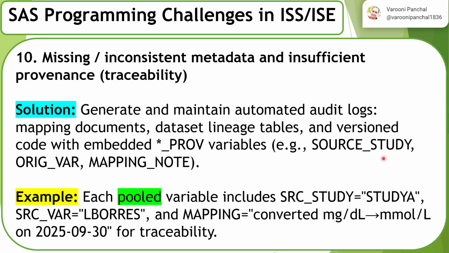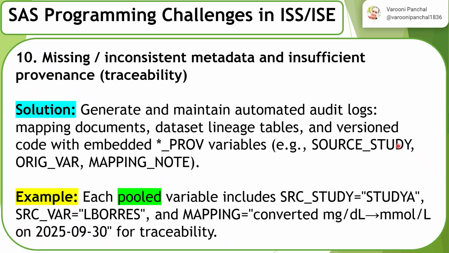For example, the source study was this specific study, the original variable was this, and I have renamed it to a new variable. The mapping notes are whatever notes you make while mapping one variable into another.